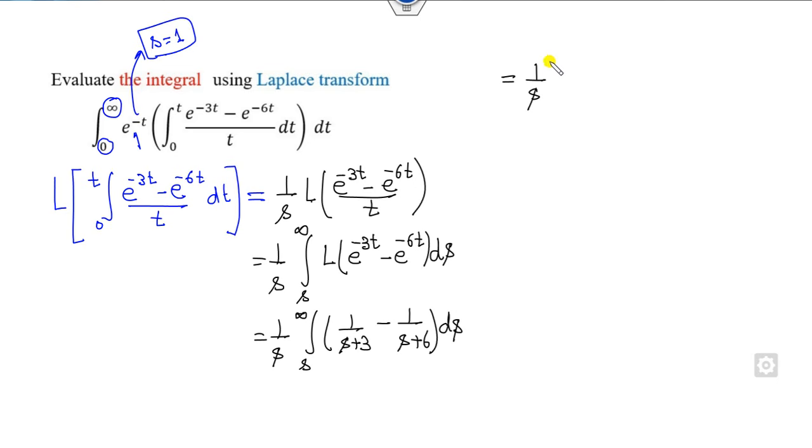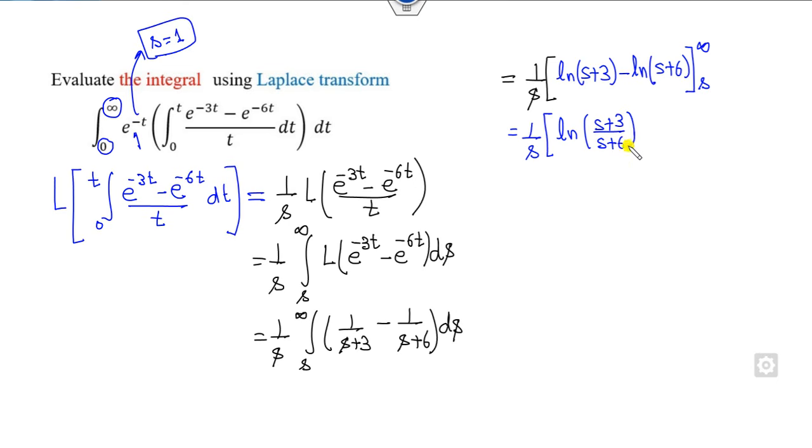What is the integration of this? That will be ln of s plus 3 minus ln of s plus 6, from s to infinity. So together with the 1 over s, I can write this as ln of (s plus 3 over s plus 6), from s to infinity.